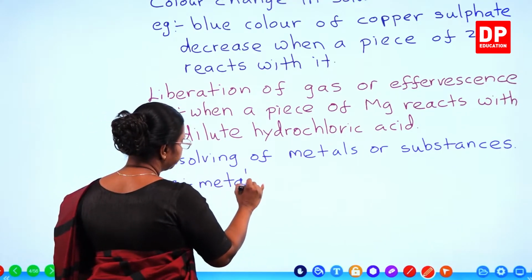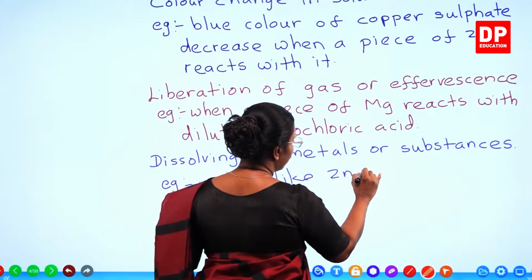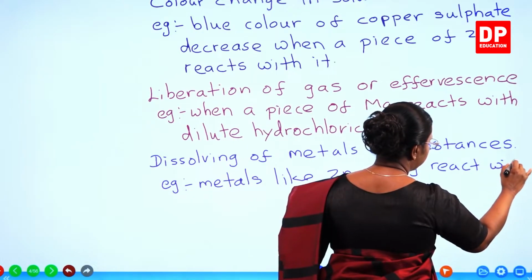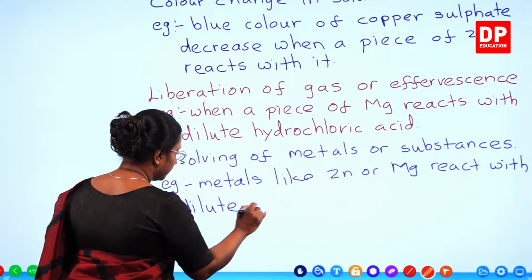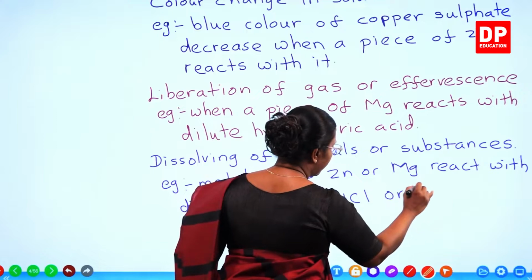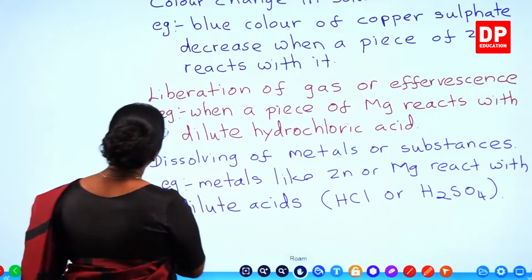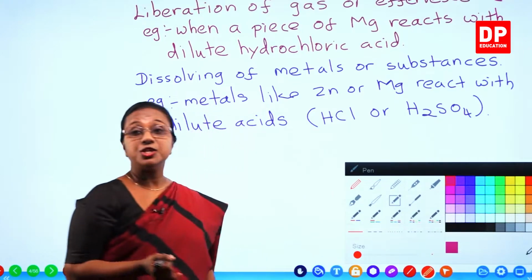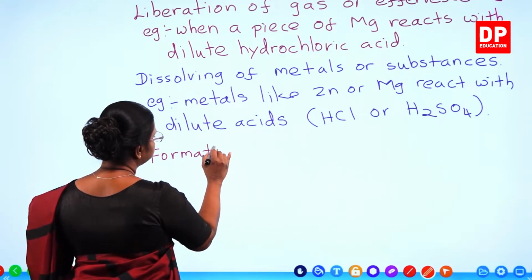Metal like zinc or magnesium react with dilute acids. So even that can be either hydrochloric acid or sulfuric acid. So then, what is the other one we can think of? Formation of a precipitate.